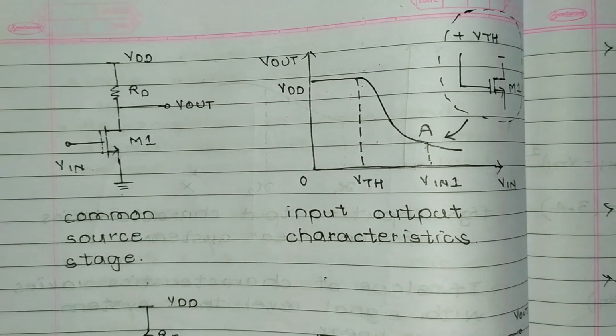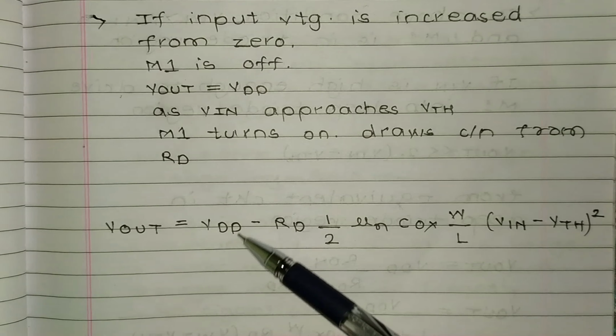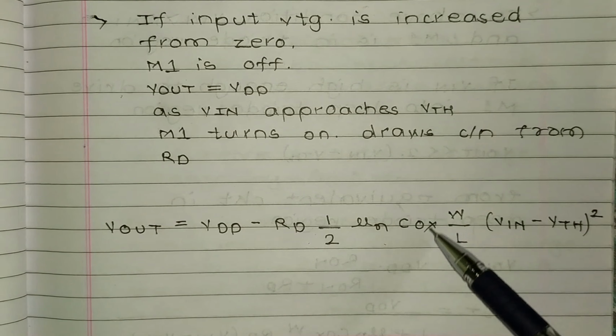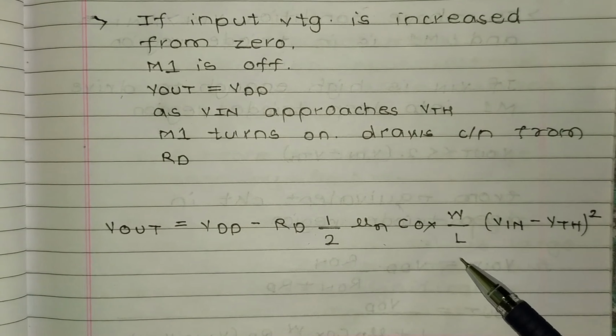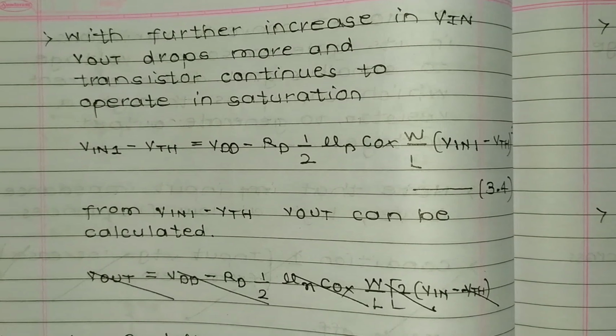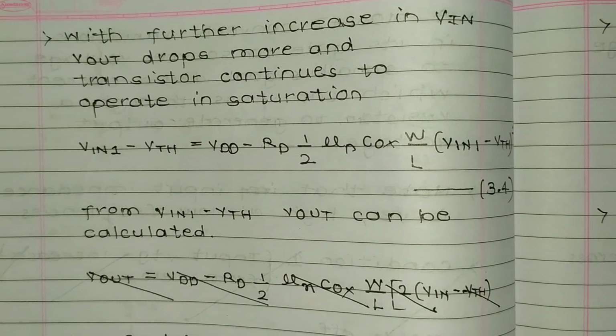And the equation is Vout equals VDD minus RD times 1 upon 2 mu n Cox, where Cox is the oxide capacitance, W by L, times Vin minus VTH whole squared. With further increase in Vin, Vout drops more and the transistor continues to operate in saturation.